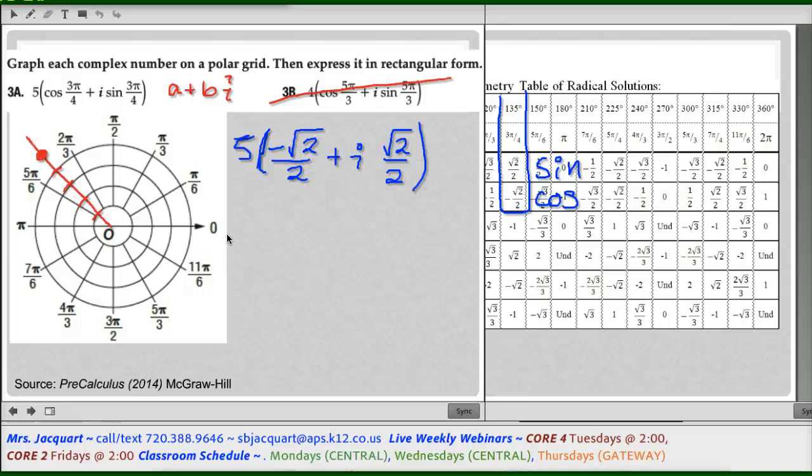Distribute the 5, so we get negative 5 square root 2 over 2 plus 5 square root 2 over 2 i. Okay, now the placement of the i is sort of important. When I'm dealing with sine and cosine, we put it in front of it because we don't want you to think that the operation belongs inside the sine function. Once we have our numbers and there's no longer sines or cosines, then we'll put it behind our numbers.